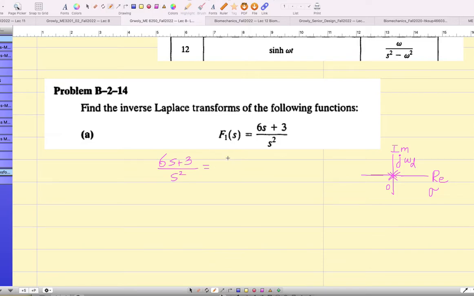The way you will do that, suppose this is a1 over s square, you have to have another coefficient over s. This is how you will write it down. Okay, so how would you find a1 and a2?